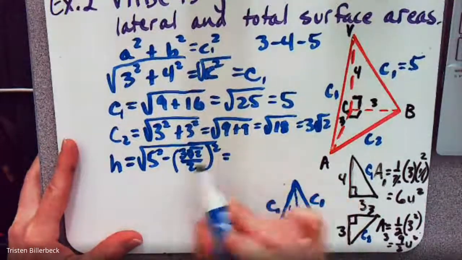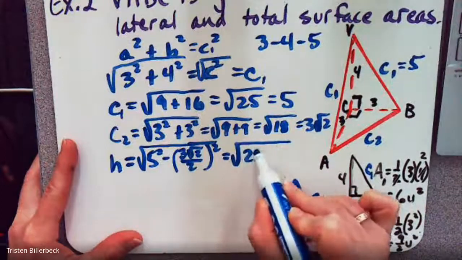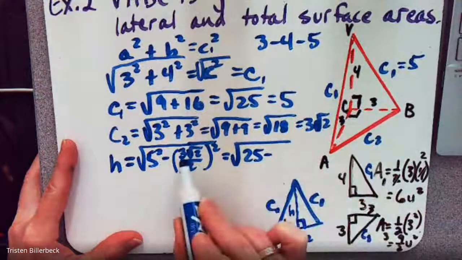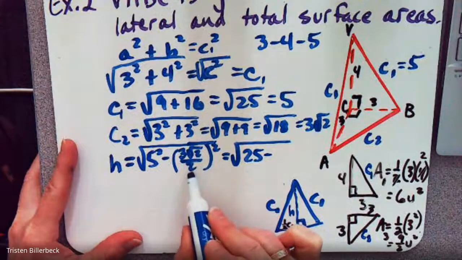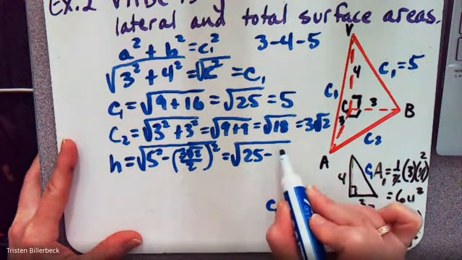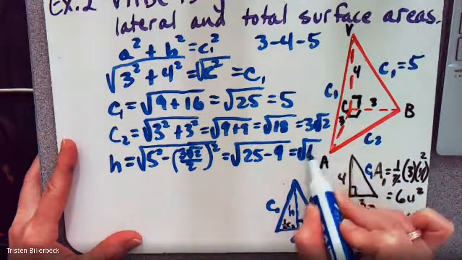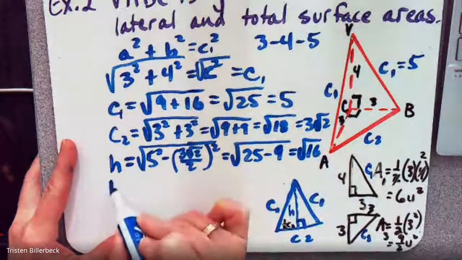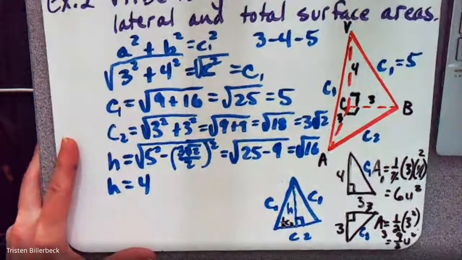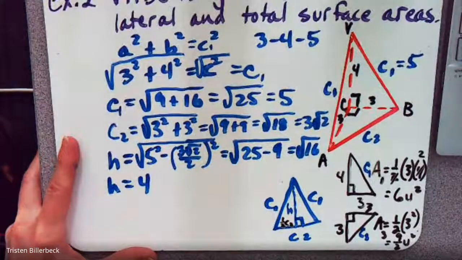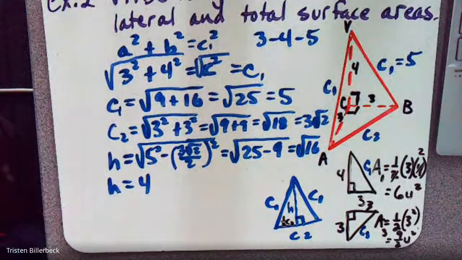Okay, so then we get 25 minus, and 3 squared is 9, times the 2 is 18, divided by 2 is 9. And that equals the square root of 16. Can you even believe that? So the height is just 4. All that work, and the height was 4. Can you believe that? All right, so now we know the area of that one.